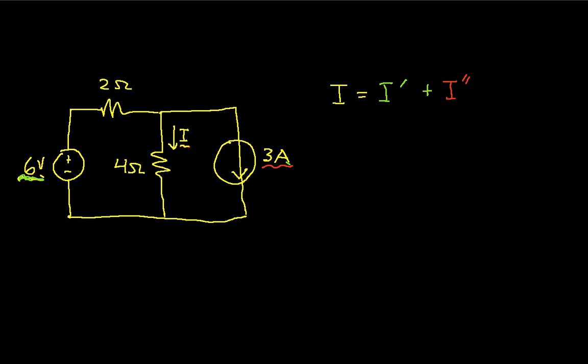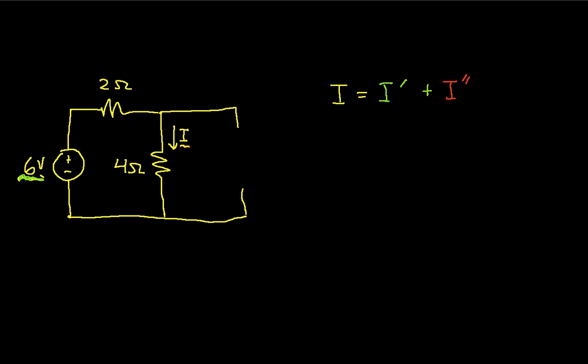Now, if we're going to use the 6-volt source, we want to make the current source go away. To make a current source go away, we just basically cut it out and leave an open circuit.